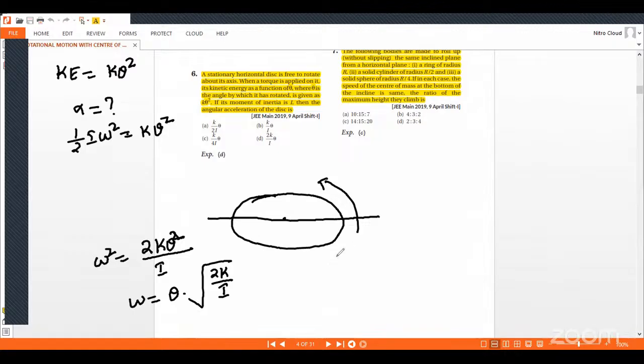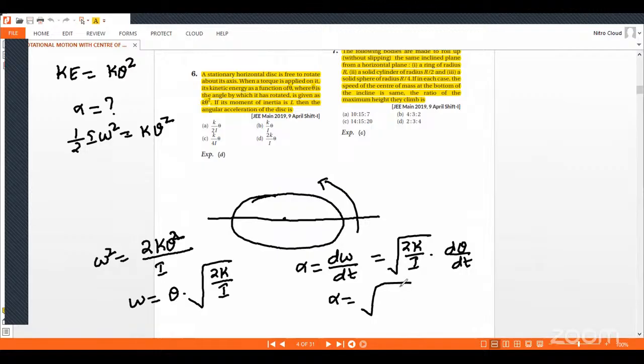So differentiate, that is d omega by dt equal to under root 2k by I times d theta by dt. So alpha equal to under root 2k by I times omega.